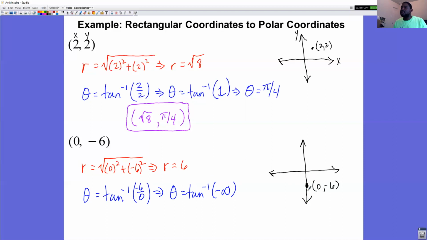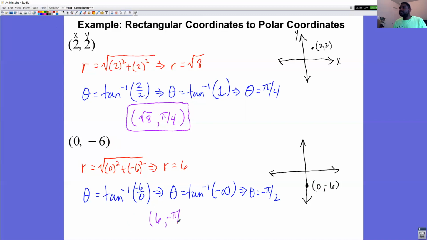Because our point is going downward. And so the point in the domain of the arctangent function that will give you this value is theta equals negative pi over 2. And so one polar coordinate representation of this rectangular coordinate is (6, negative pi over 2).